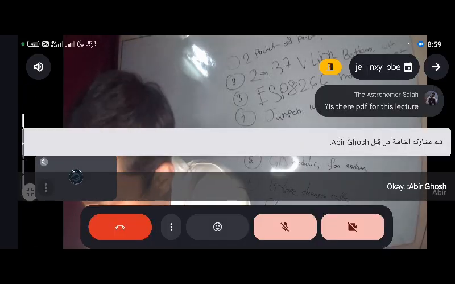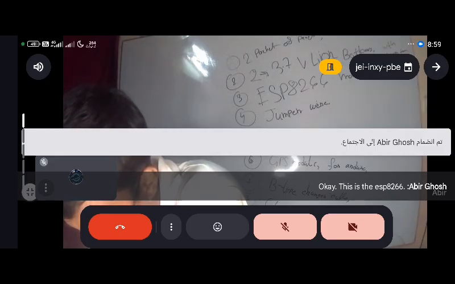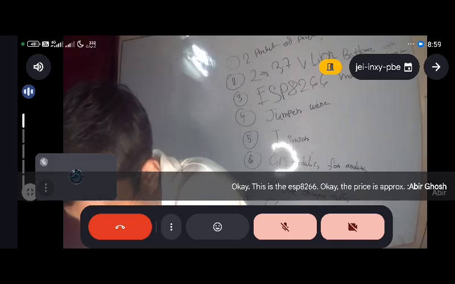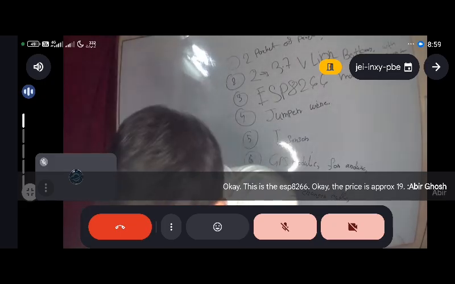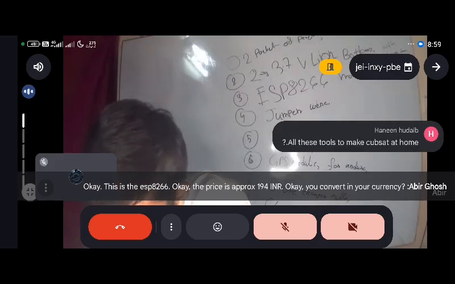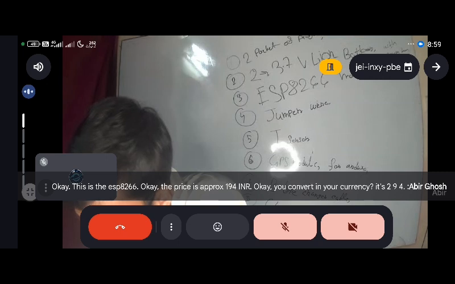Okay. This is the ESP8266. Okay. The price is approx 194 INR. Okay. You convert in your currency, it's 294 INR.